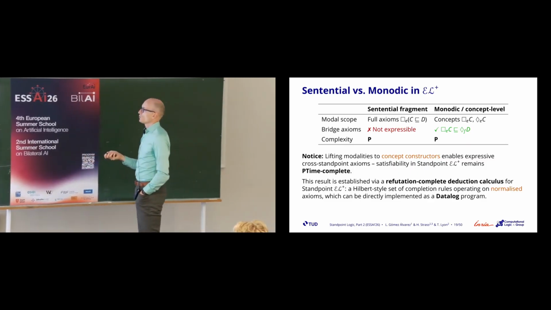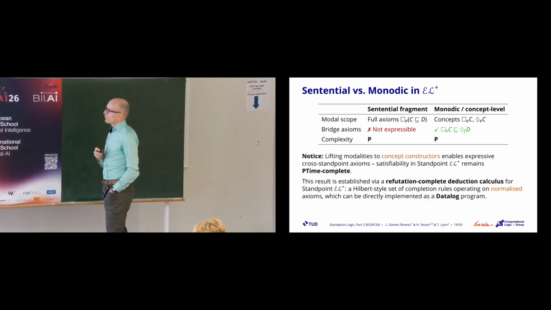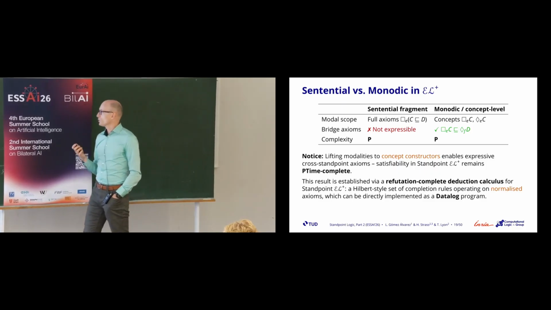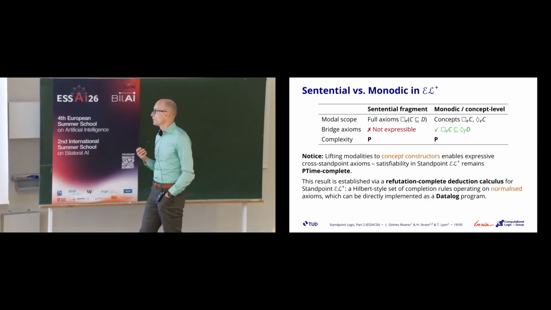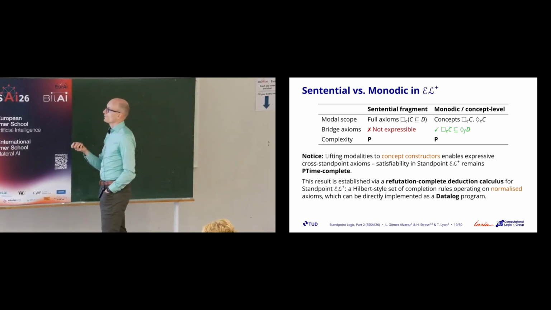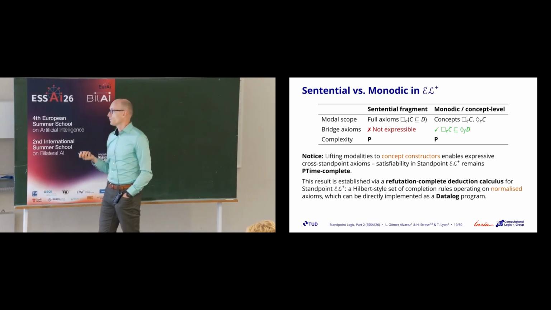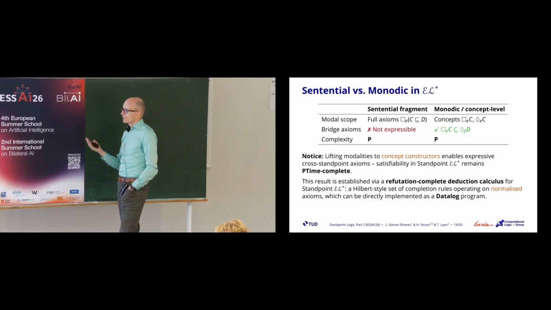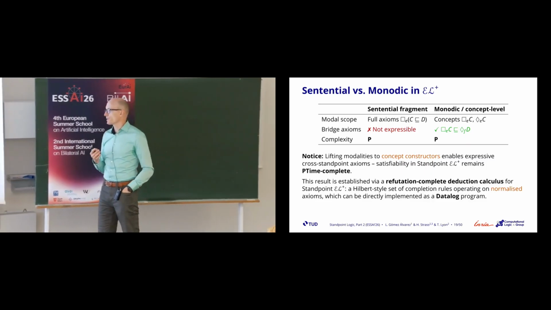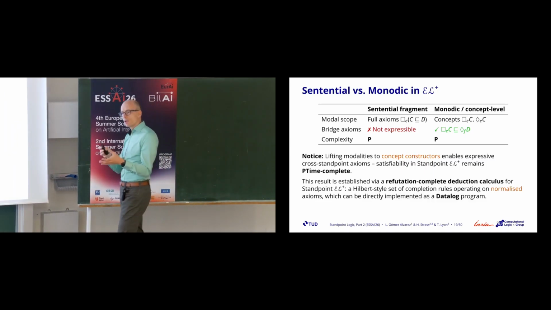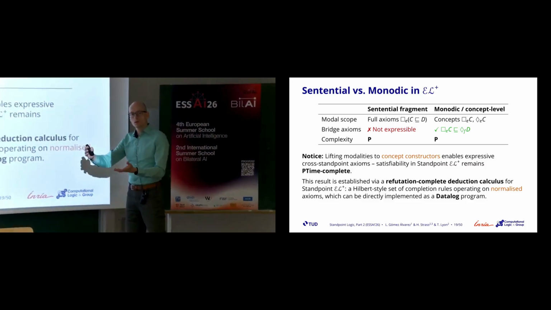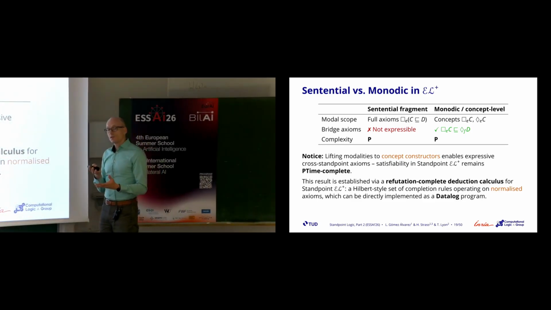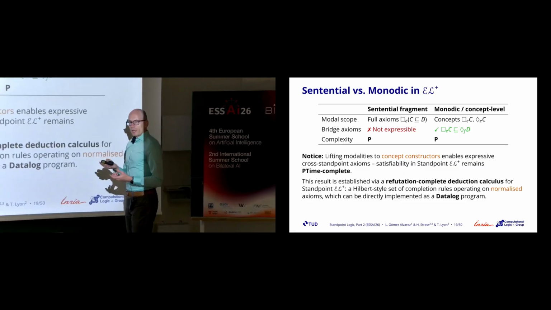So what we did was propose a deduction calculus, another type of proof system, where we could establish logical consequences of a given EL or standpoint EL knowledge base. The idea is that we have these completion rules that basically look at a knowledge base and check whether there is some one-step logical consequence that we could add to the knowledge base, which is semantically valid, but which is not explicitly there.